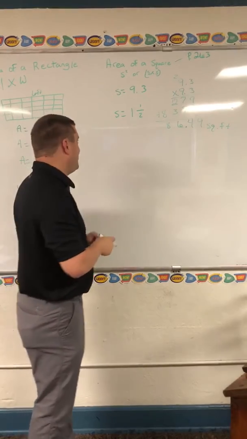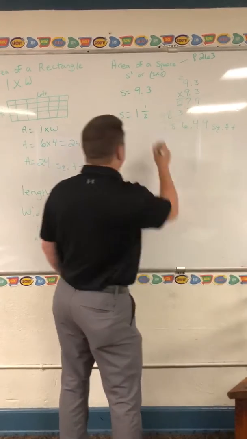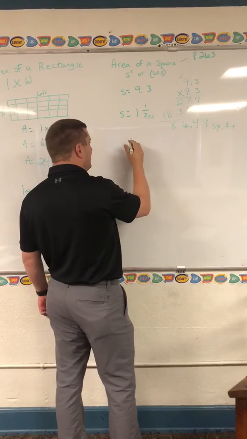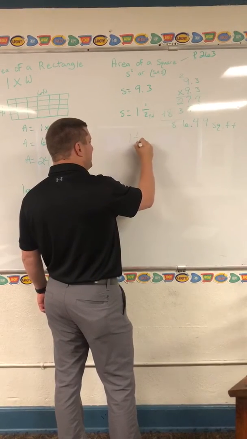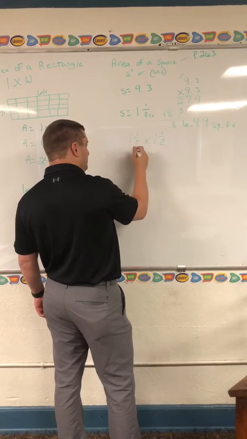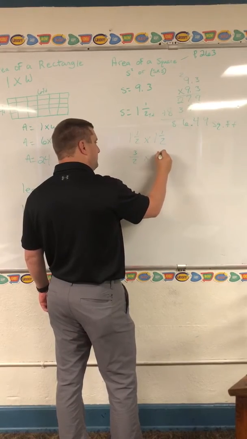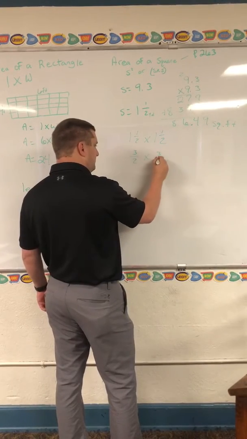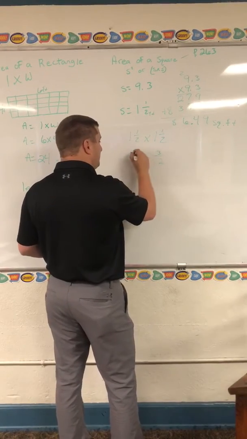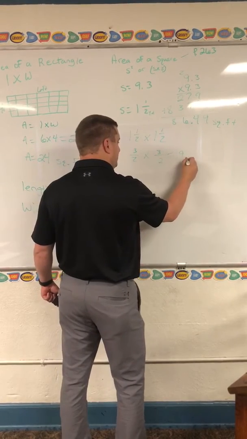Another example would be this fraction here. We have one that says 1 1/2 yards. So you multiply 1 1/2 times 1 1/2. 2 times 1 is 2 plus 1 is 3. So that's 3 over 2 times 2 times 1 plus 1 is 3 over 2. 3 times 3 equals 9. 2 times 2 equals 4.